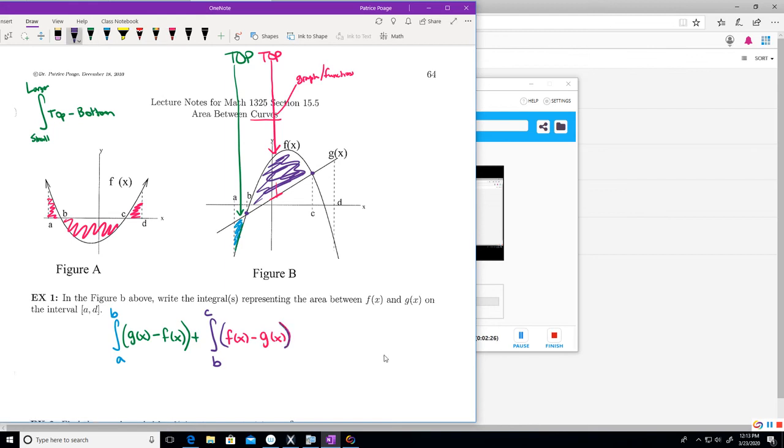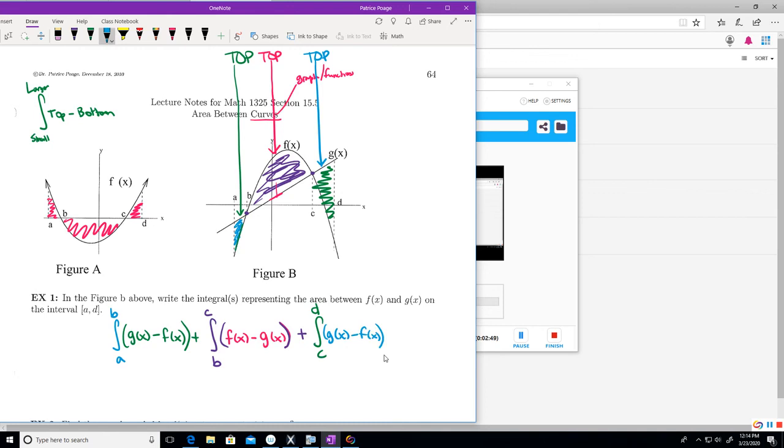Plus, the little area over here goes from C to D, top minus bottom. If I start at the top, the first equation I hit would be g, minus f.